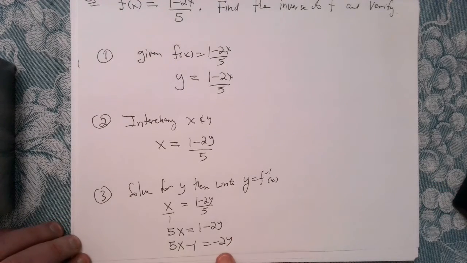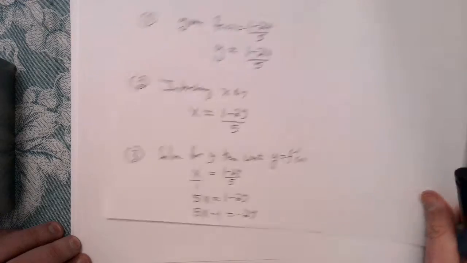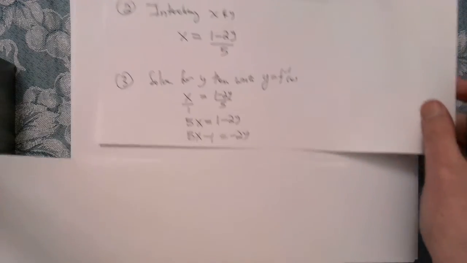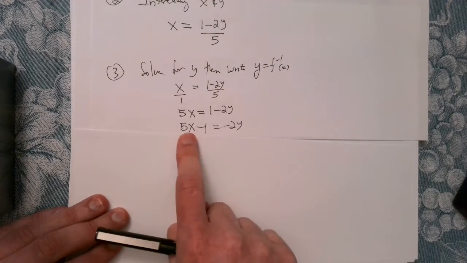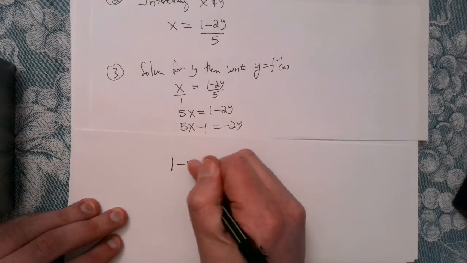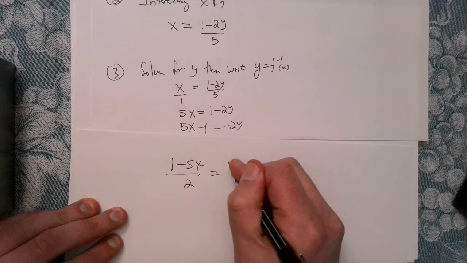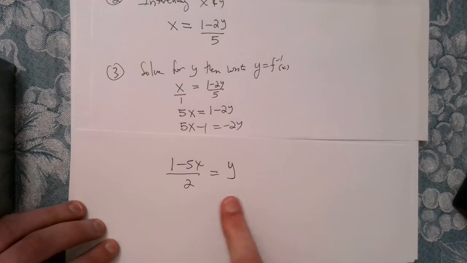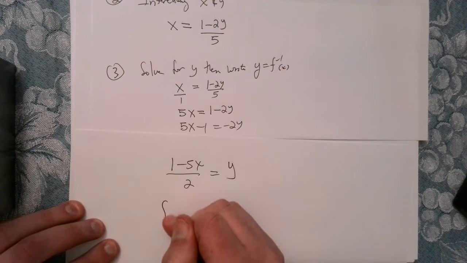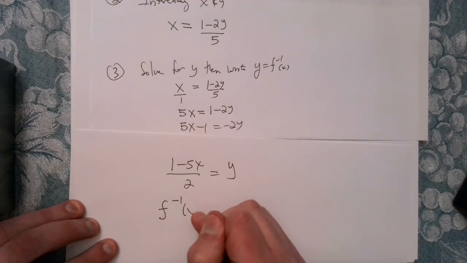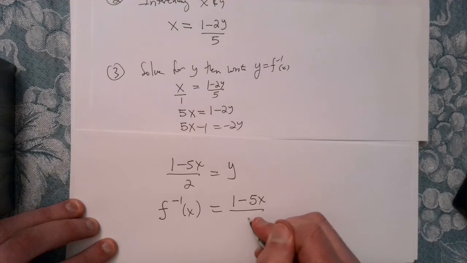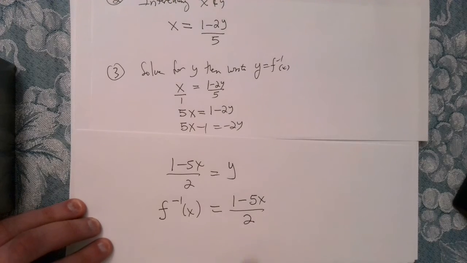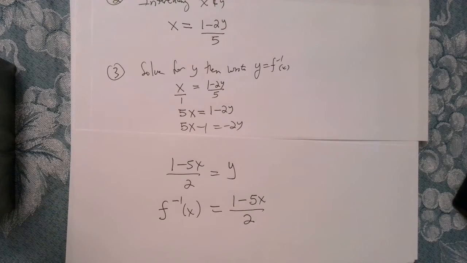And then I can just divide both sides by minus 2, so the minus is going to change both of those signs. That's going to give me y, but that's what we're calling f inverse. So what we're claiming is the inverse is exactly this, and we're going to prove that this is indeed the inverse of f.